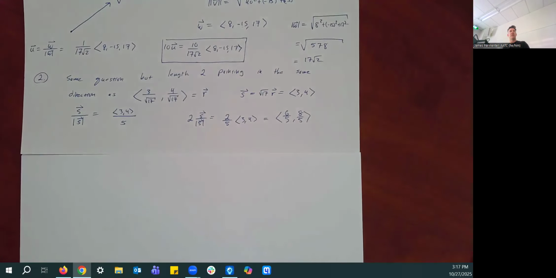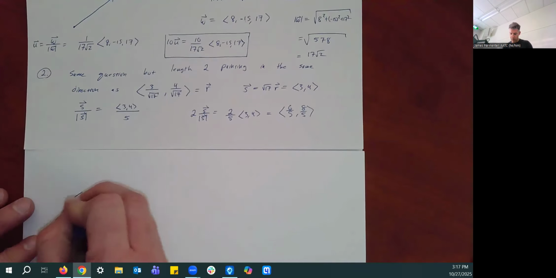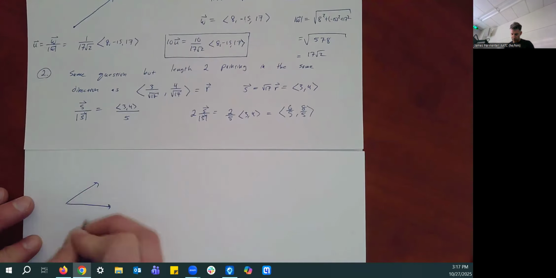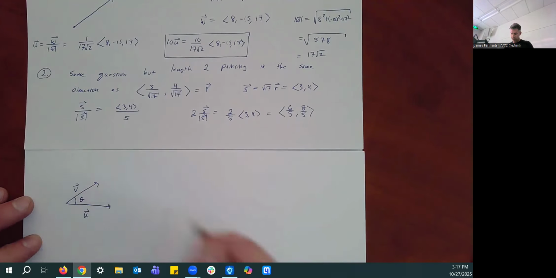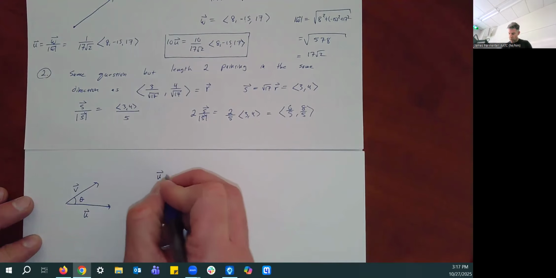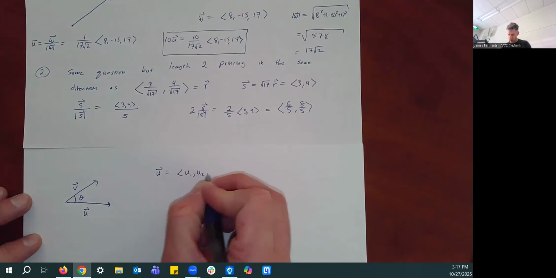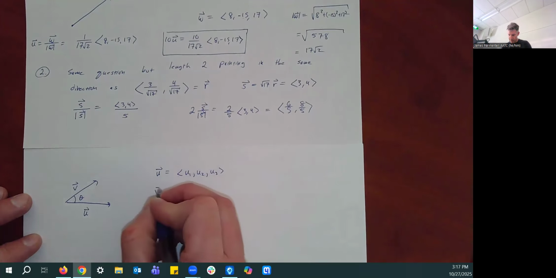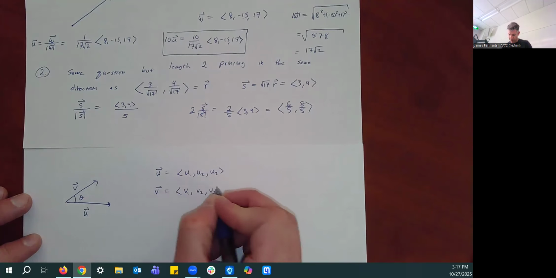Let's actually remind ourselves of both the dot and the cross product, just a reminder. If you've got vectors u and v, and let's say that u can also be written component wise as u1, comma u2, comma u3, and v is going to be written component wise as v1, comma v2, comma v3.